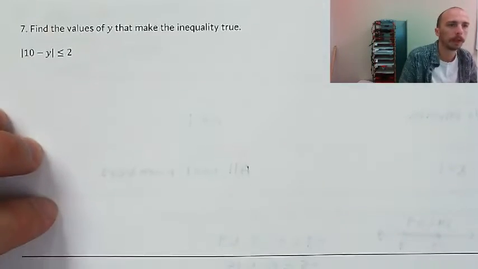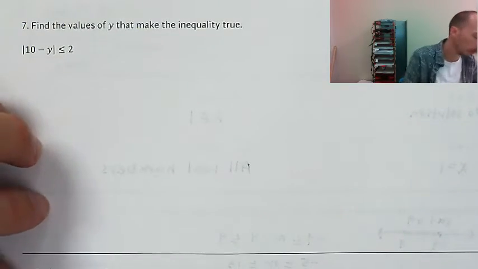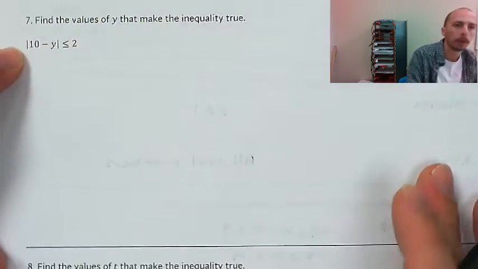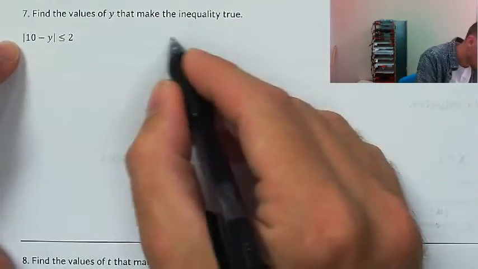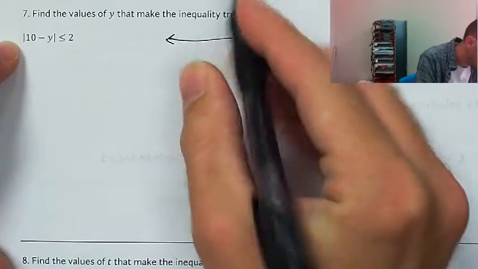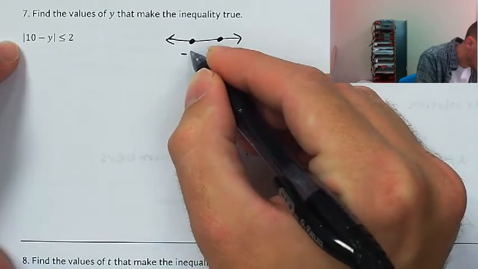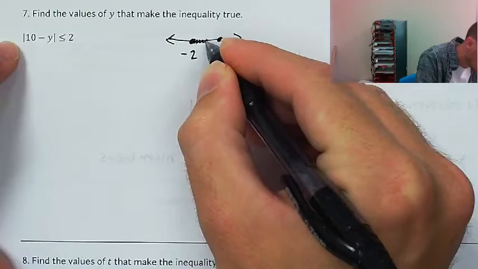Now we're going to find the values of y that make this inequality true. The absolute value of 10 minus y is less than or equal to 2. Okay, we've got it all already down to an absolute value inequality. So the absolute value would be less than or equal to 2 between negative 2 and 2.